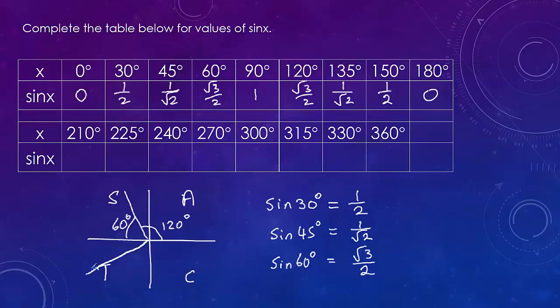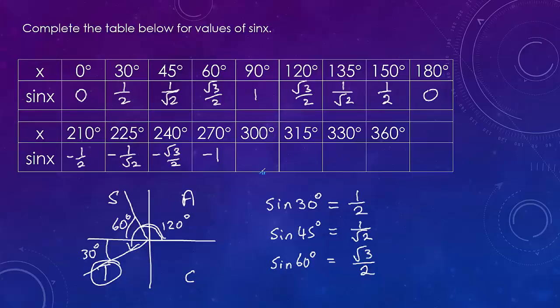Now when we get to 210, which is around here, the associated acute angle is 30. But we're in the T quadrant. So it's going to have a half, but it's going to be negative a half because of the quadrant it's in. And then this one is negative 1 over root 2. This one here is negative root 3 over 2.